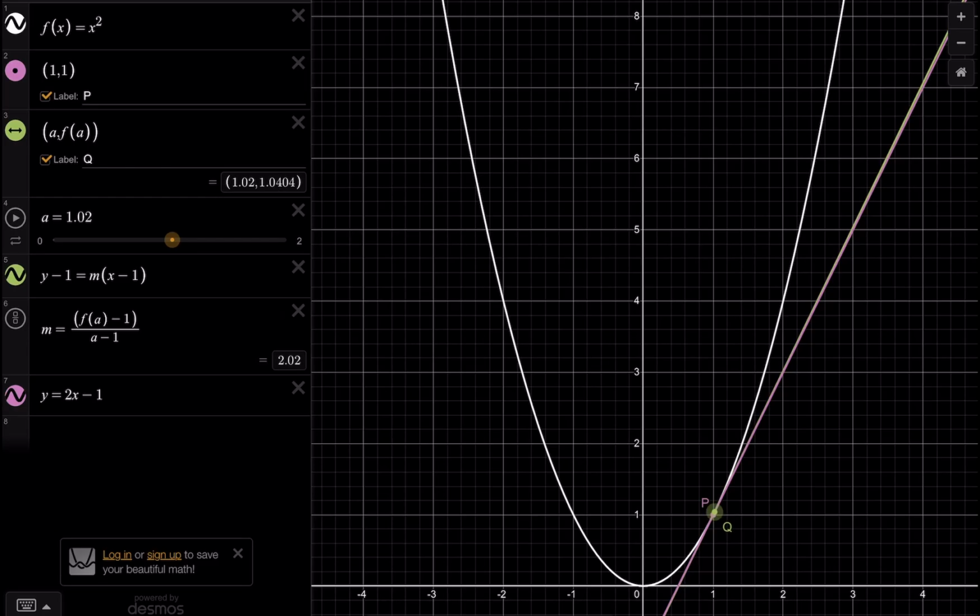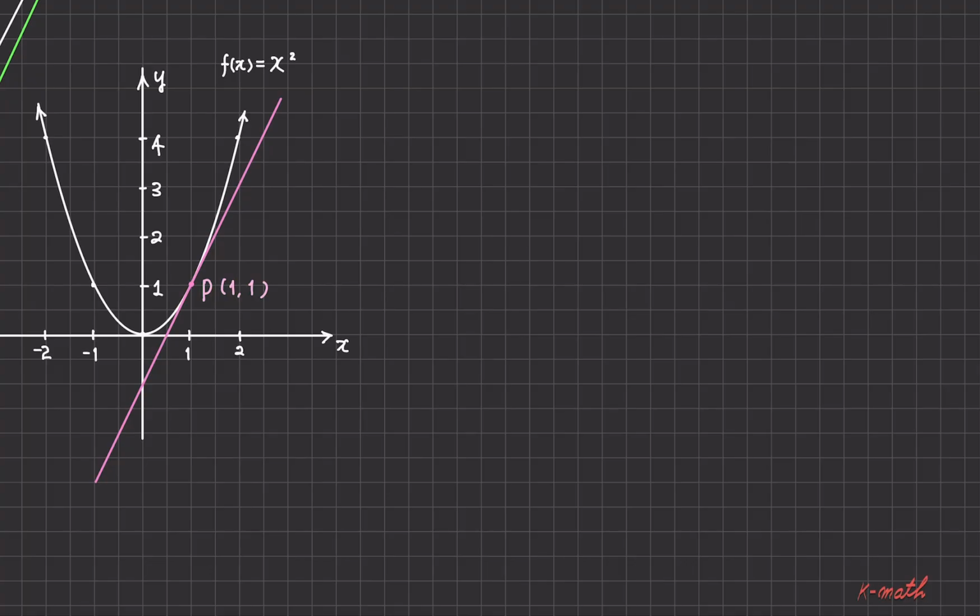Let's calculate. Let's choose a point Q very close to P. Say x equals 1.001. The y value is 1.001 squared. Now, point Q is very close to point P. The green secant line is really close to the pink tangent line.